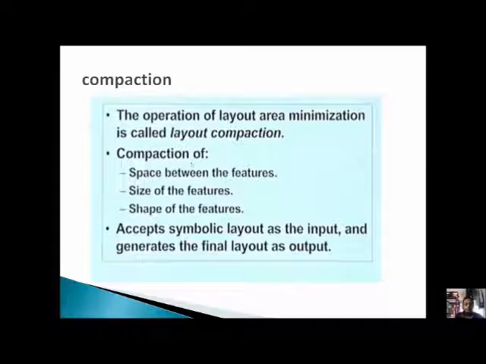This compaction is based on the space between the features, the size of the features, and the shape of the features. Features are the rectangles in a layout, like polysilicon and diffusion. Those we name as features.